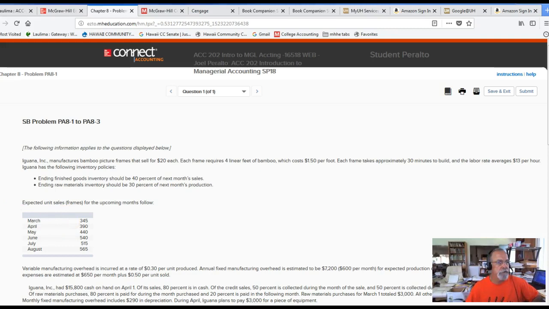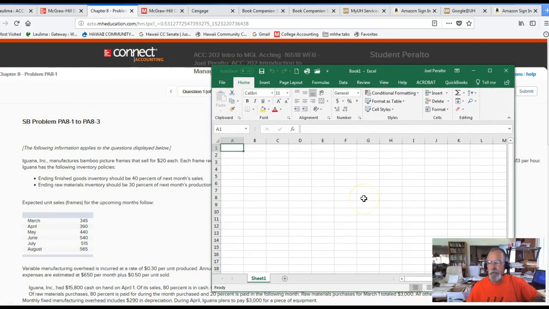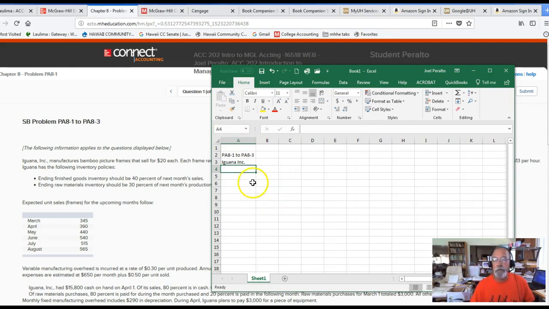So let's just schedule that information here on a blank spreadsheet. This is Pa8-1 to Pa8-3, Iguana Inc., a bamboo picture frame manufacturer.